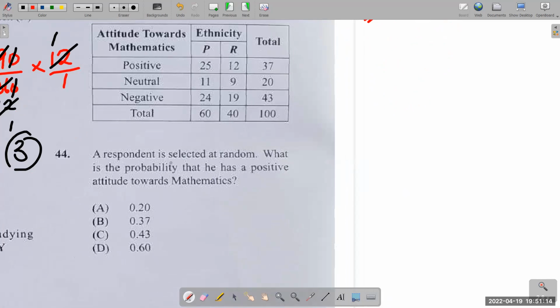Our respondent is selected at random. So that means anybody was chosen. What is the probability that he has a positive attitude towards maths? So out of all the people, you realize they say a respondent, they didn't say nobody from P, nobody from R. So you realize why it is out of 100?